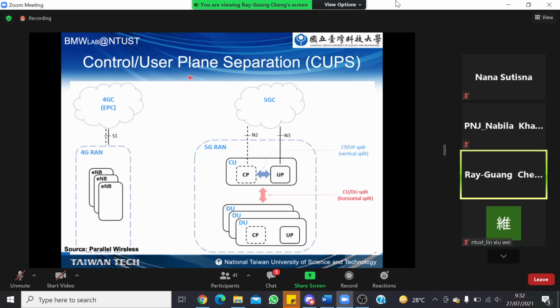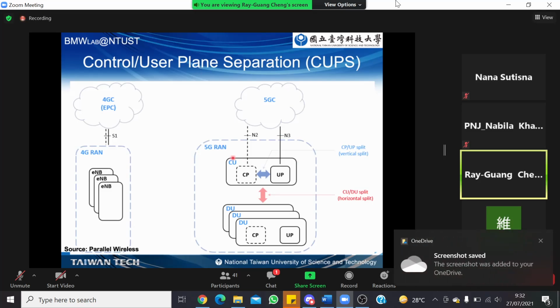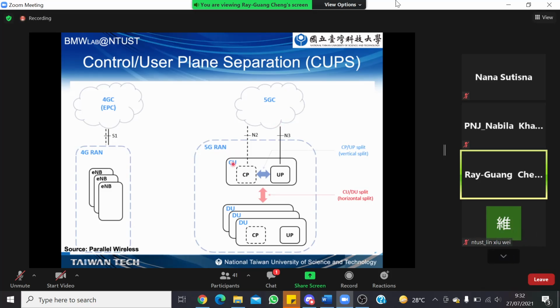Then what we can do is we also can do CUPS, control and user plane separation. The concept already was introduced in 5G core network. Then they can introduce the concept to the 5G RAN. So they can try to split the function.